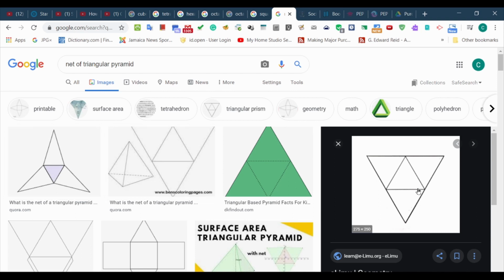The one that they have looks like this, where we have a large triangle with another in there that would create 1, 2, 3, 4 different triangles inside. So this one is the one that represents a triangular pyramid. So when you take it, lift all the sides, it has triangular faces with a triangular base.